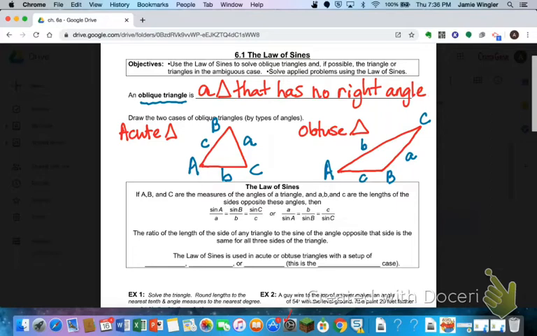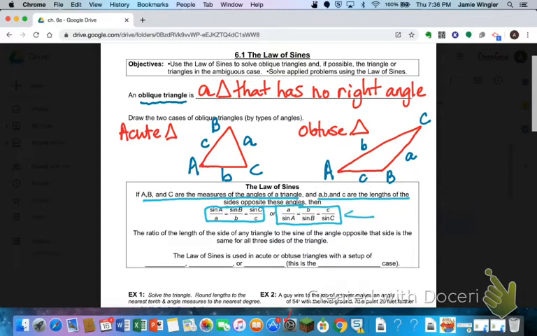The law of sines tells you that if A, B, and C are the measures of the angles of the triangle, and lowercase a, b, and c are the lengths of the sides opposite these angles, then the law of sines says that if you take the sine of an angle and put it over side a, its ratio is equal to the sine of angle B over side b, which is equal to the ratio of the sine of angle C to side c.